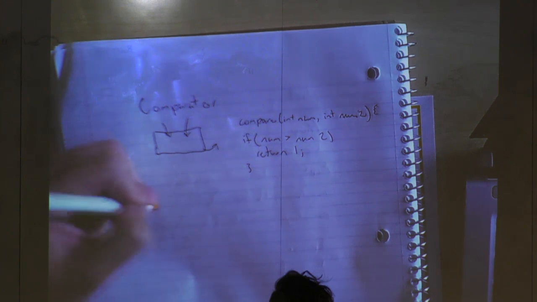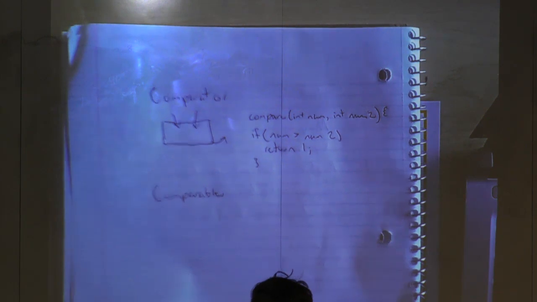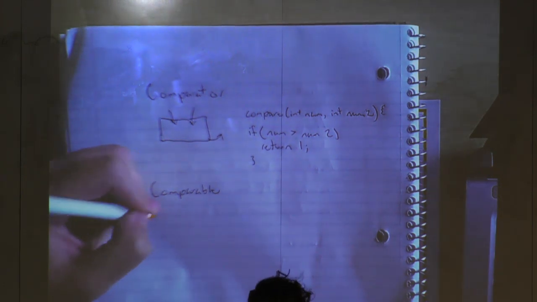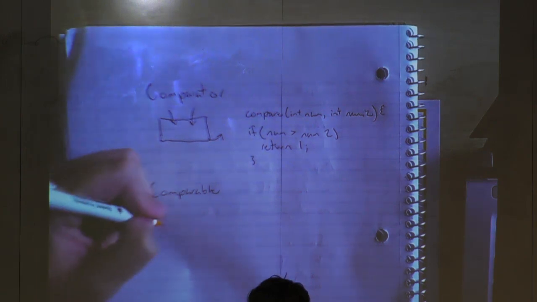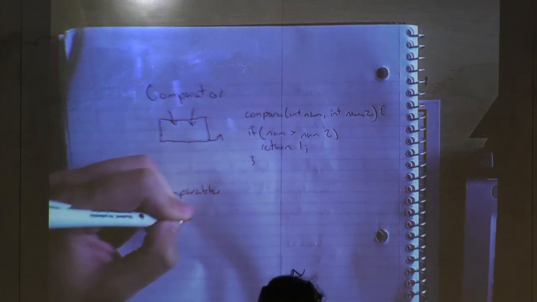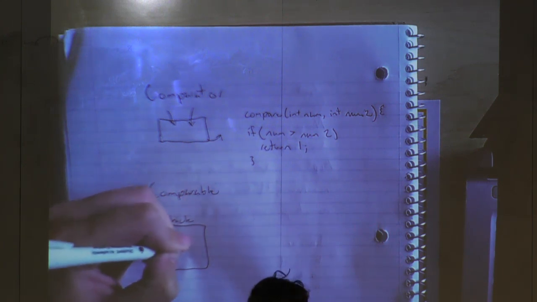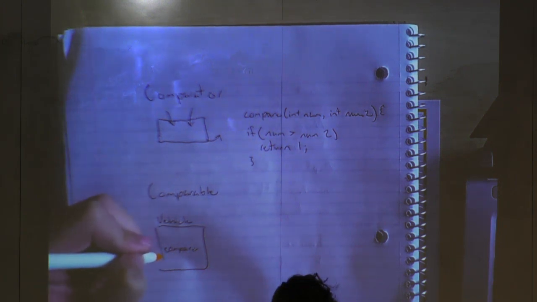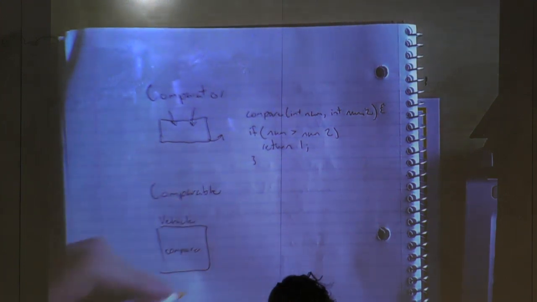Comparable serves the same purpose, but it is embedded inside of an existing class. So if we think of the vehicle example, we could say that your vehicle class has this method in it called compare, and you want to find out which of the two vehicles has more wheels. So like which one is bigger.